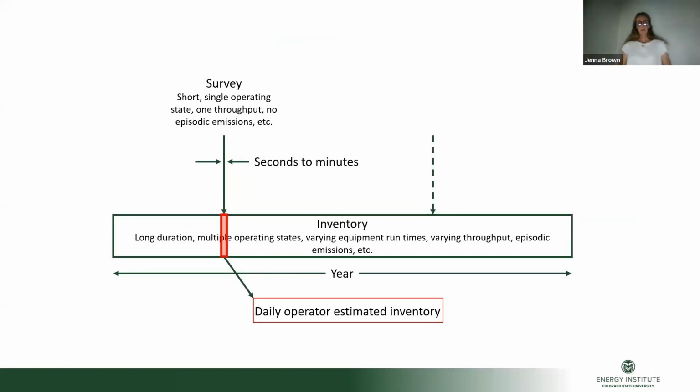When I say that the operator estimated an inventory, I wanted to bring up this slide to highlight that we're shrinking this annual inventory to just 1 day, so that it's comparable to the snapshot surveys that we're having.